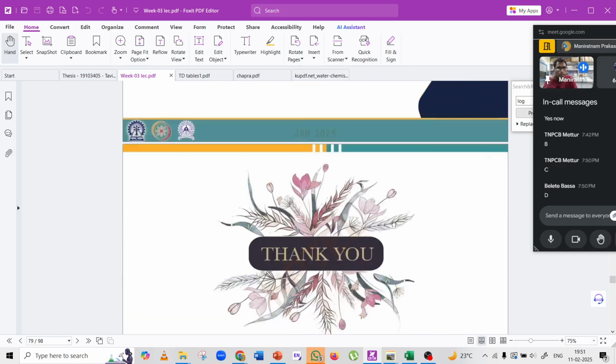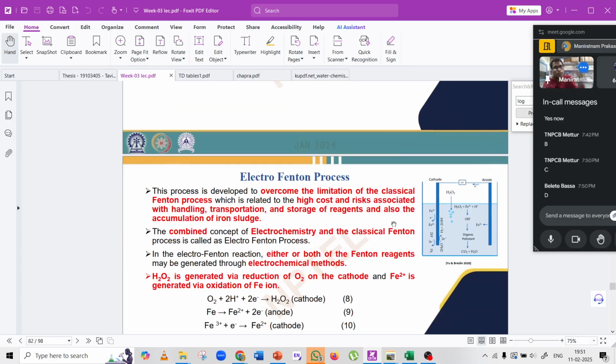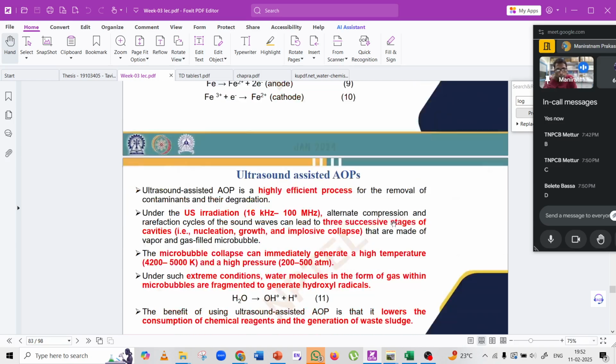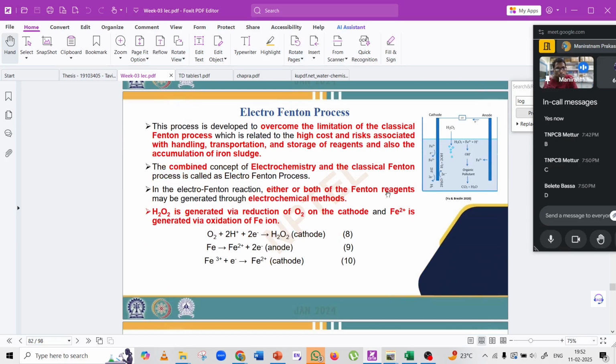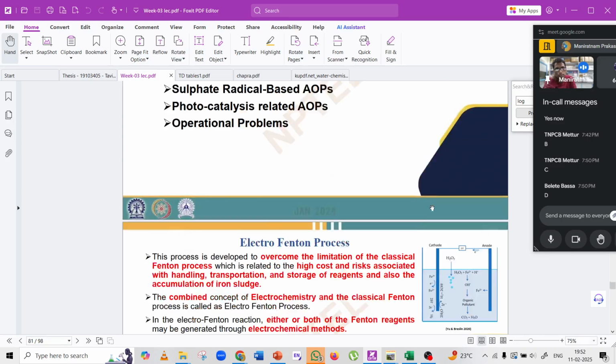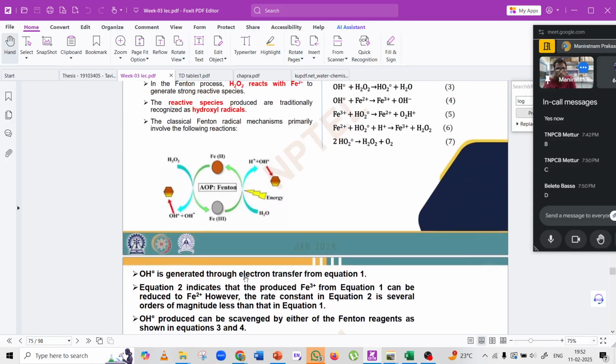But here the Fe3+ which was forming also gets converted into Fe2+, which will again react with H2O2 to convert into more OH radicals. Combine those two processes and you will understand it. Here there is no sludge problem, but in the other process you will see some sludge forming.